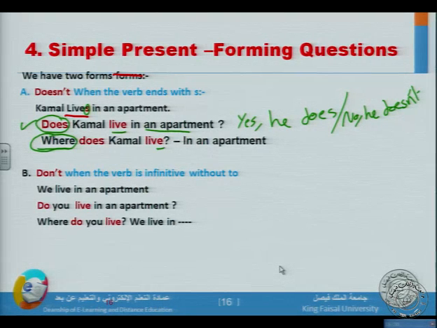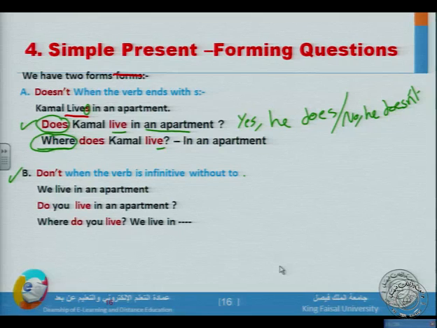Okay, we use do in B when the verb is infinitive without to.